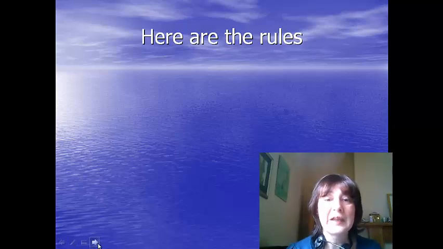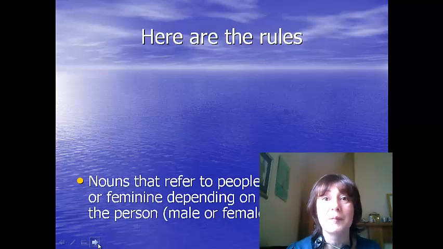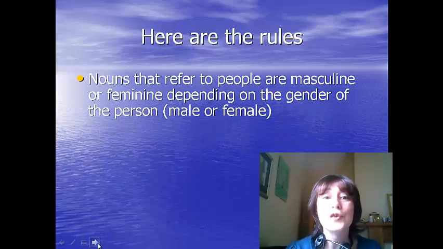So the first thing is, if you remember in part 1 I was telling you that the concept of masculine and feminine extends far beyond the notion of male or female, but it does include it as well. So for nouns, nouns are the words we use to name people, places, objects around us. If you're not familiar with the concept of nouns, just think of them as words.